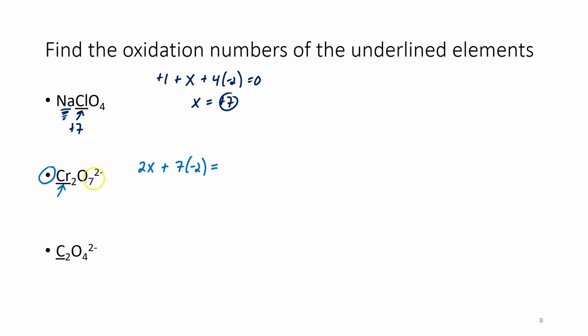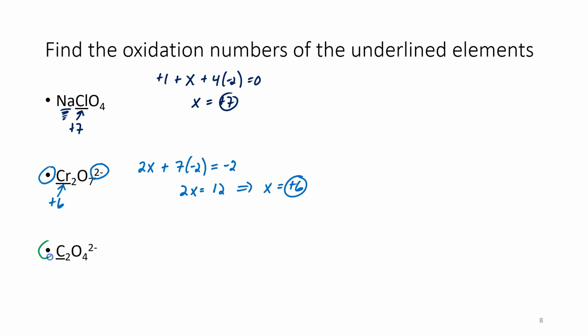And notice that in this example, the sum of the oxidation numbers is not going to equal 0. It's going to equal that charge. So I think we're going to have 2x equals 12, x equals a +6. So the oxidation number of chromium in dichromate is a +6.